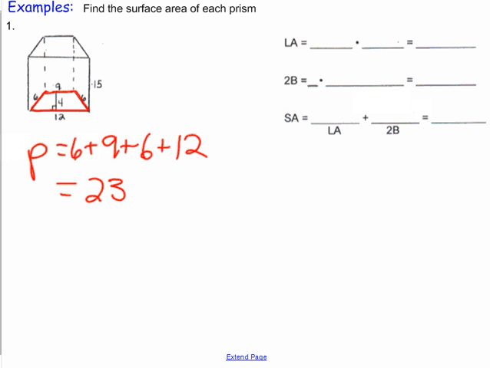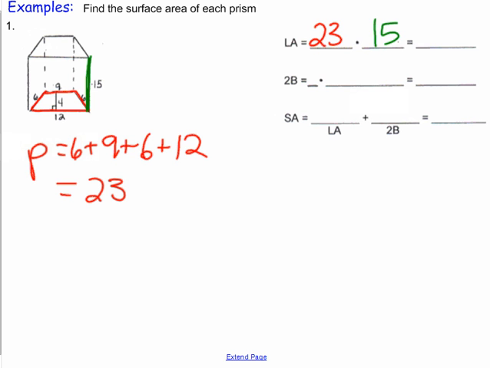So that's the perimeter of that trapezoid. So we're going to use that number right here. That's the perimeter. So then I need the height of that prism. Well, the height is 15.